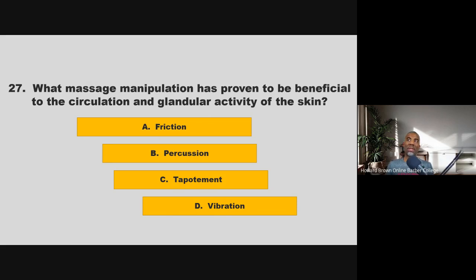What massage manipulation has proven to be beneficial to the circulation and glandular activity of the skin? Is it friction, percussion, tapotement, or vibration? If you chose A, friction, you are correct.